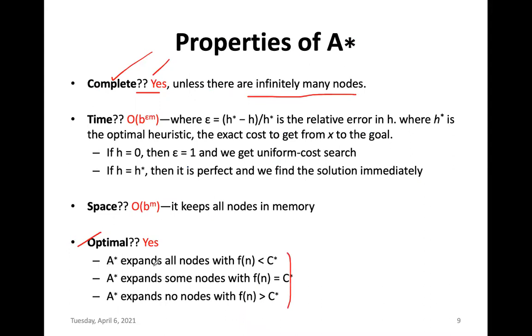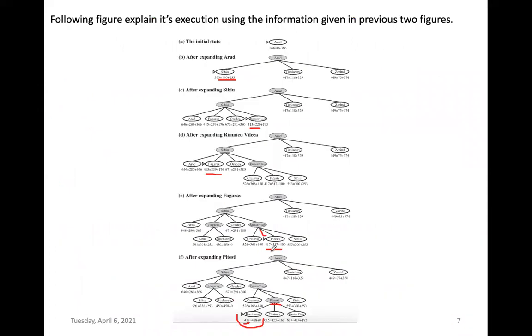This A star algorithm expands all nodes whose f of n is less than the cost of the optimal solution. So the optimal solution C star is 418.